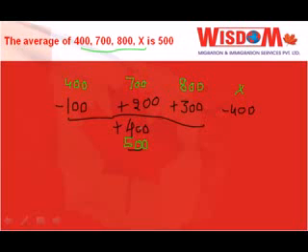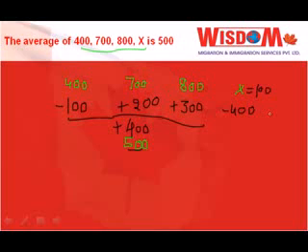So in order for it to give a deviation of negative 400, this number has to be 100. So we have solved for x.